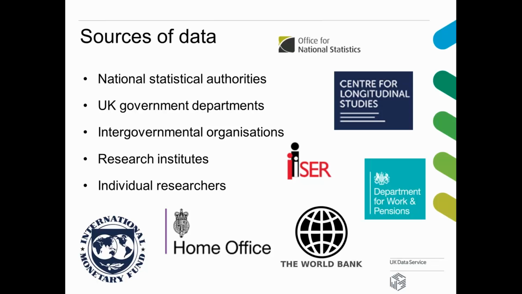These data owners include national statistical authorities such as the Office for National Statistics, government departments including the Home Office and the Department for Work and Pensions, for example, intergovernmental organisations such as the International Monetary Fund, research institutions such as the Institute for Social and Economic Research and the Centre for Longitudinal Studies, and also, increasingly, individual researchers who are funded by the ESRC are now obliged to deposit their data with us.